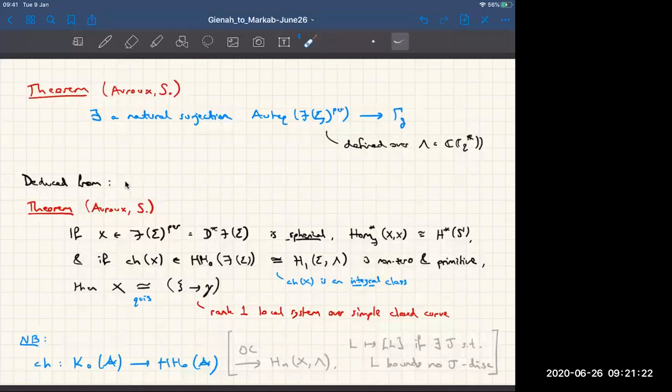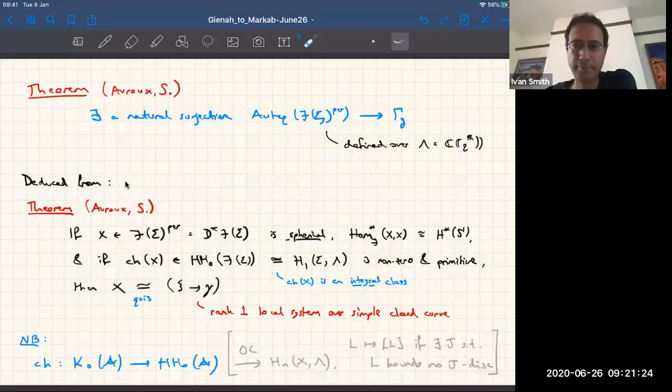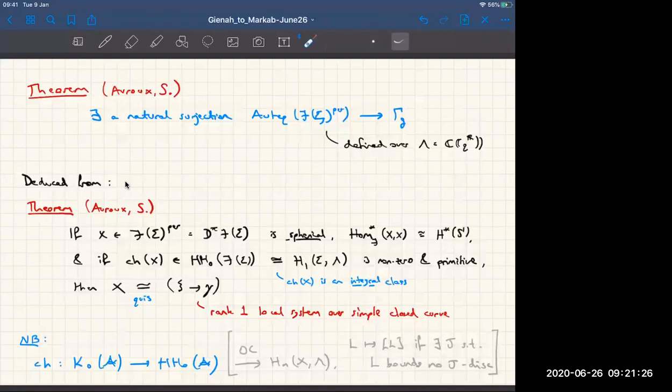Any other questions at the moment? Sorry, I want to clarify your answer to Paul. So you're saying you don't have an example for why the hypothesis on the Chern class is necessary? No, that's not true.